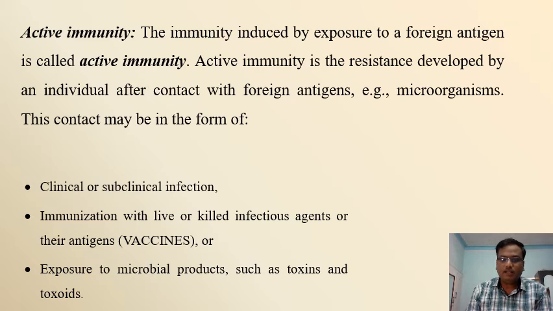And the other condition where the person develops immunity is whenever he receives vaccines. There are vaccines like BCG, polio vaccine, etc. Now, what are vaccines? Of course, here we are not going to discuss in detail, but you already know. Vaccines contain the antigenic substances.